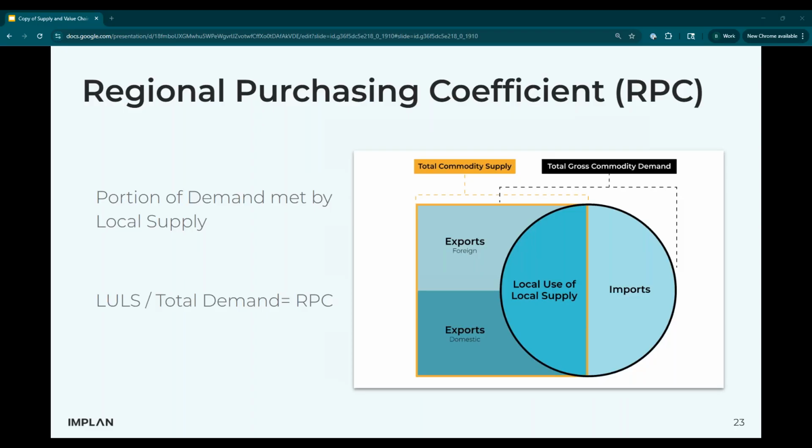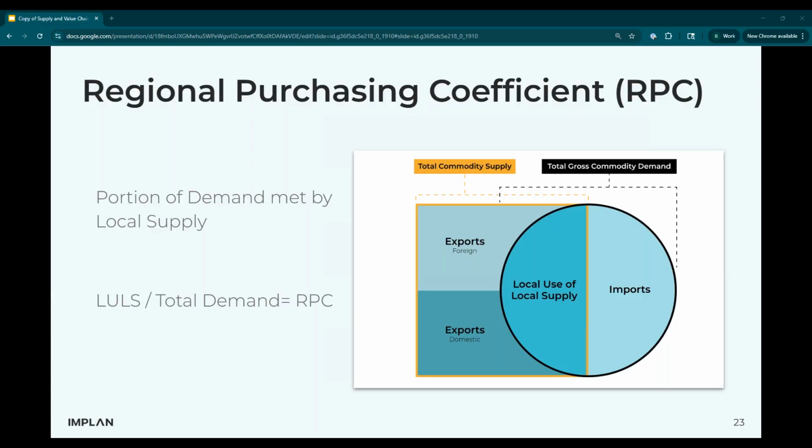RPC values tell us how much of our commodity can be found locally, right? So if we're thinking about this in terms of local production and imports, or things that may or may not be affected by tariffs, we think about this in terms of three different steps, right? So there's local production, there are domestic imports.